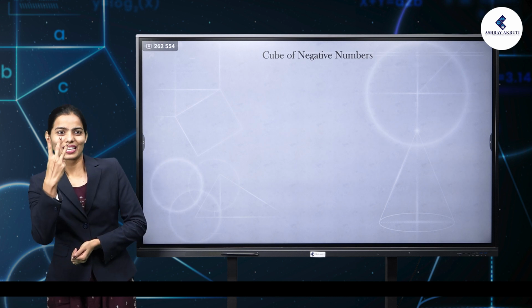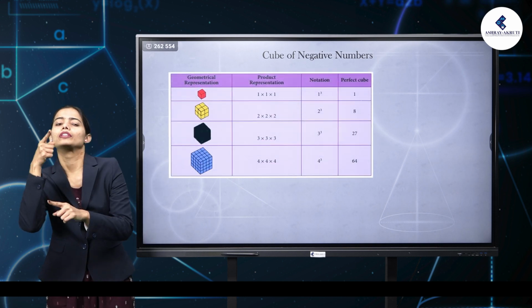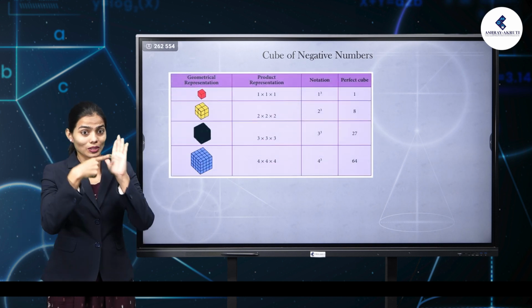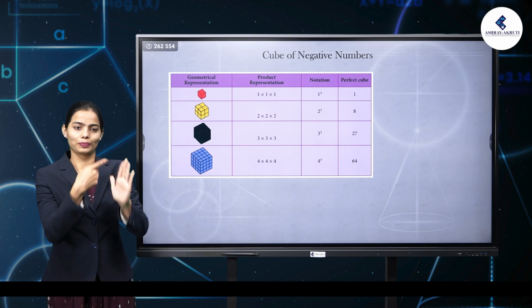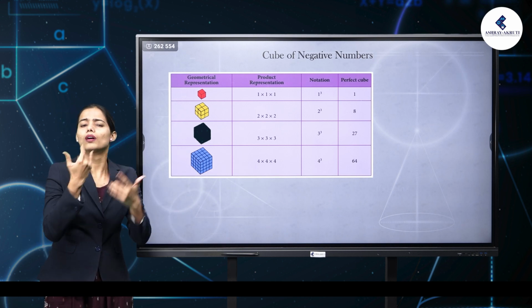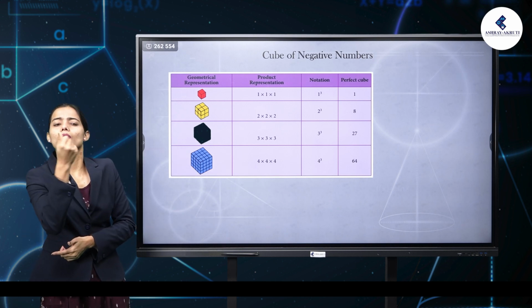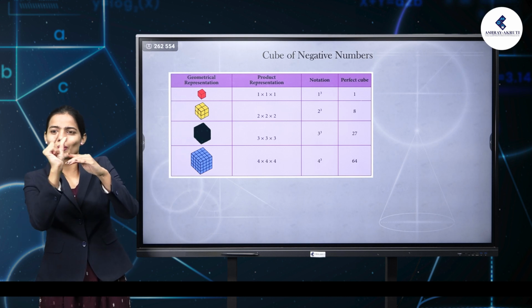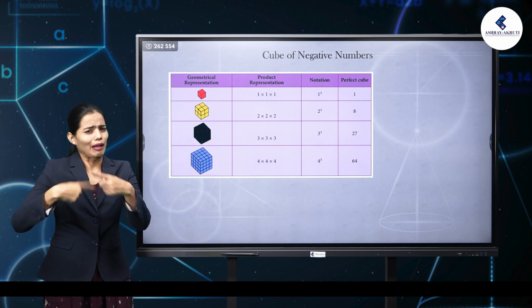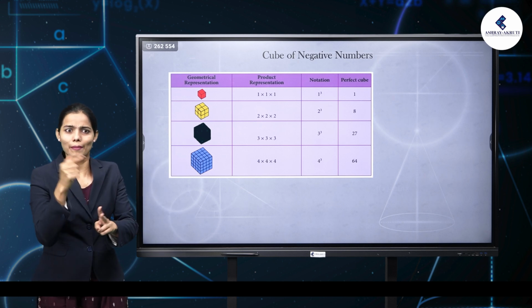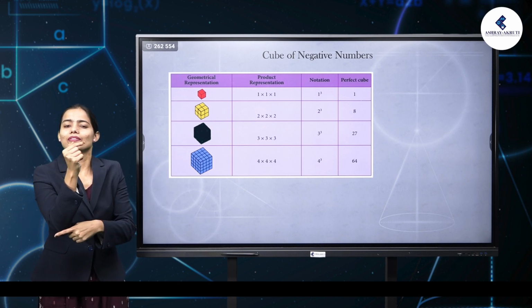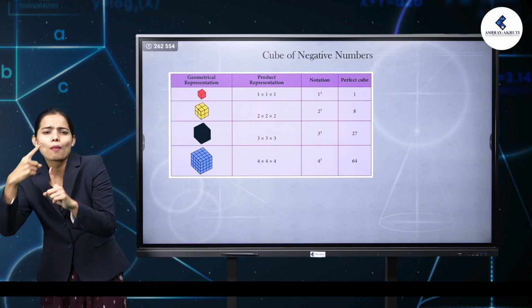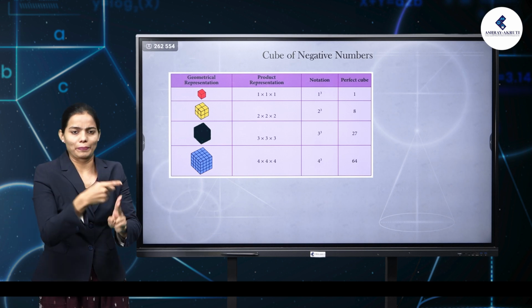Cube of negative numbers. The process to find the cube of a negative number is the same as that of a whole number and fraction. Here, always remember that the cube of a negative number is always negative, while the cube of a positive number is always positive.